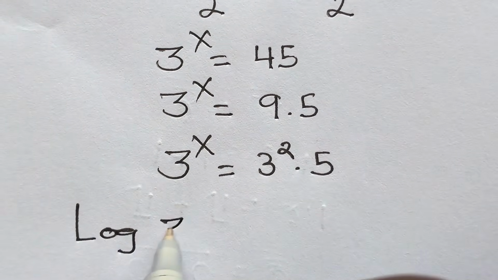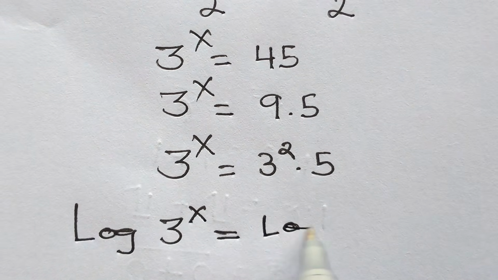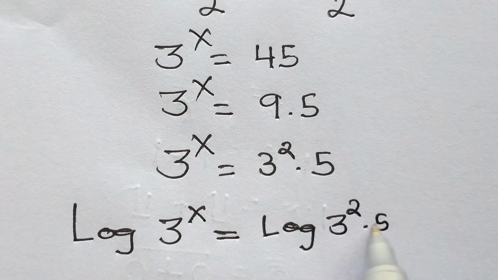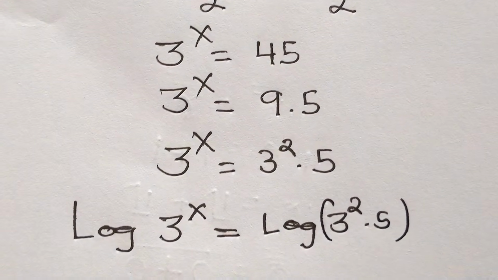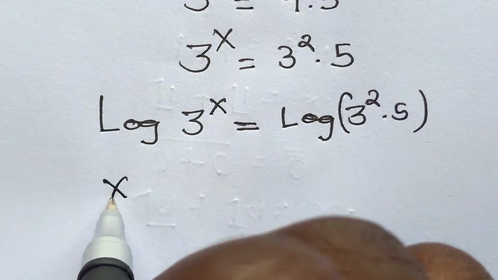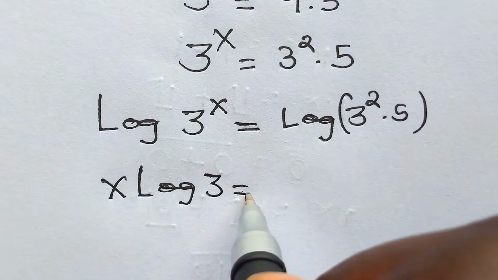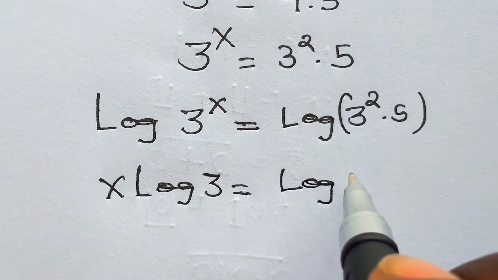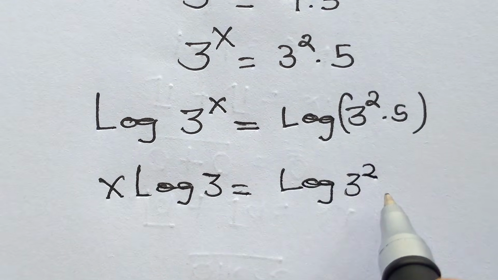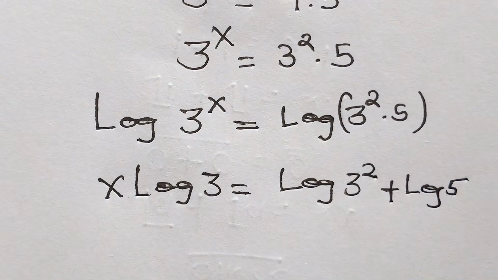Logarithm of 3 power x will be logarithm of 3 squared times 5. Then we shall say x logarithm of 3 will be logarithm of 3 squared plus logarithm of 5.